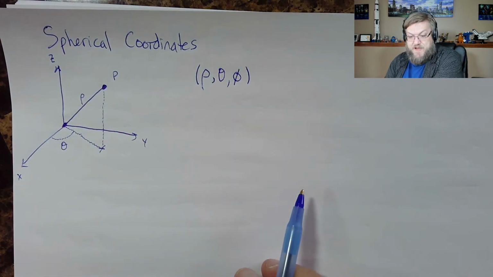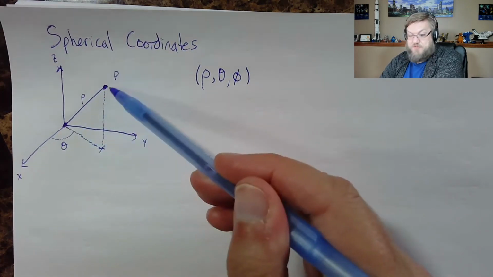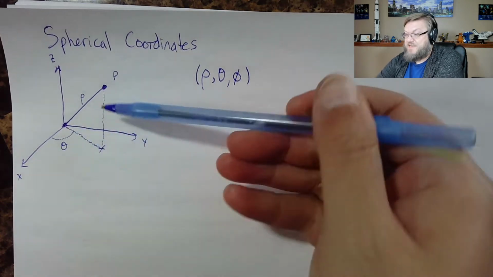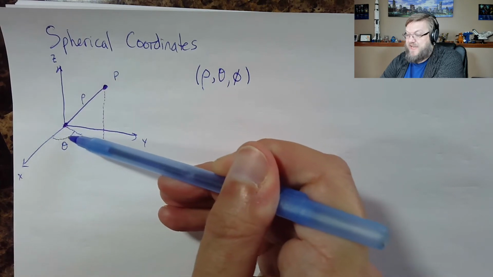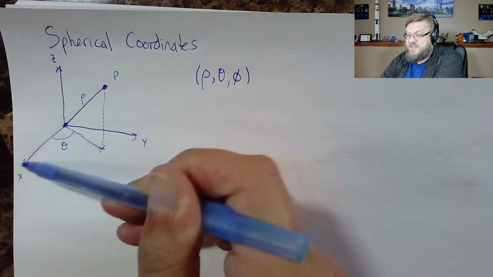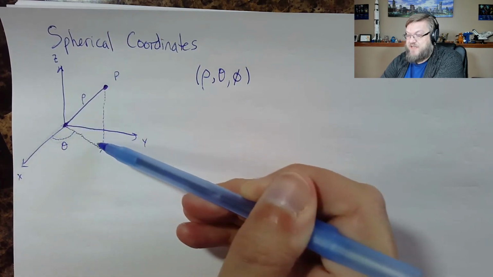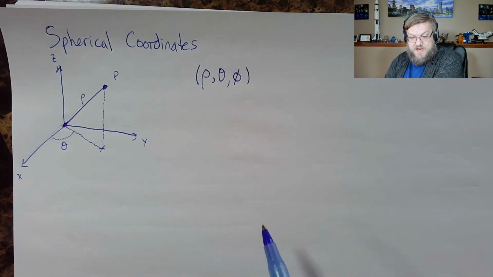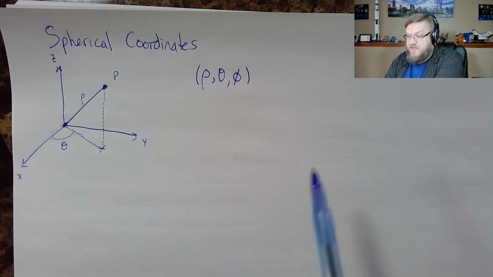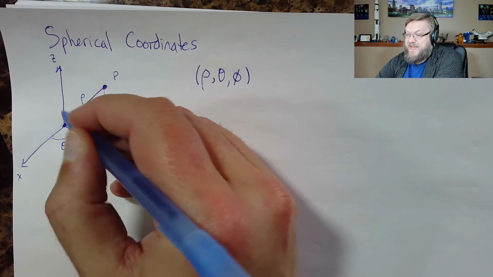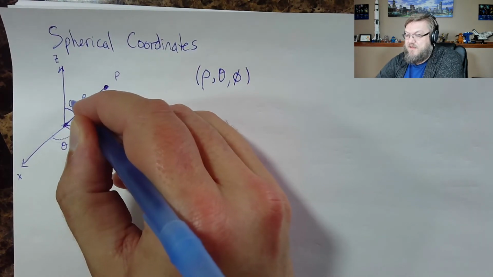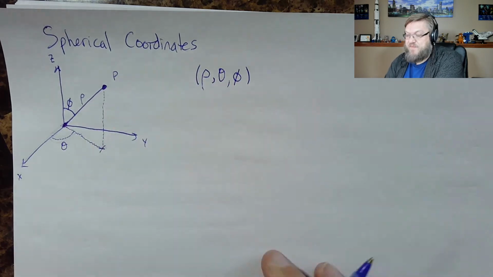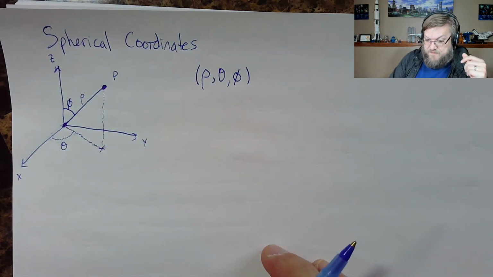So that's the same theta. So I'm going to look at the shadow, the projection of this segment onto the xy plane, and then measure the angle between the positive x-axis and that shadow line. That is theta. Then a third angle is the angle between the positive z-axis and this line segment. That is what phi is.